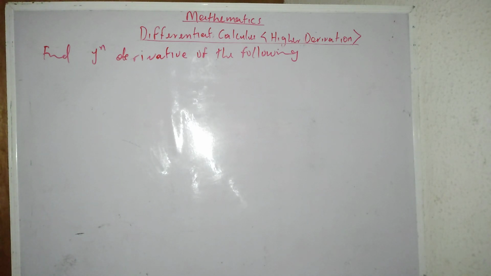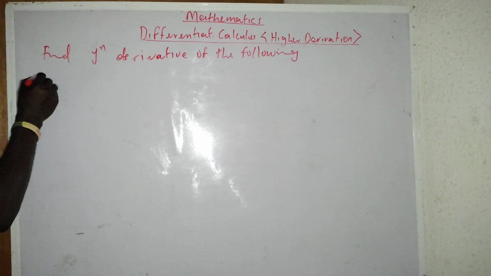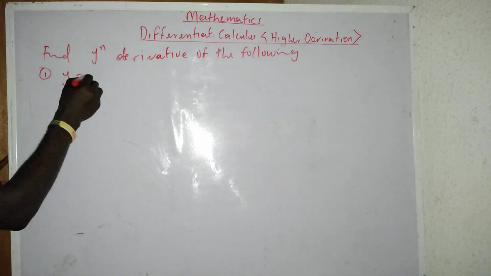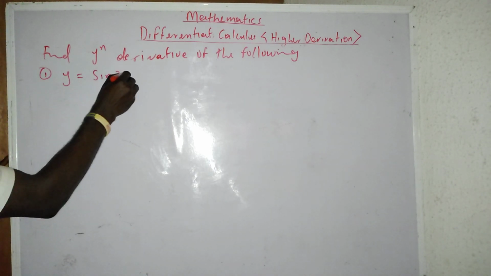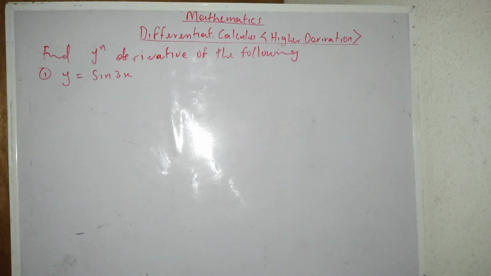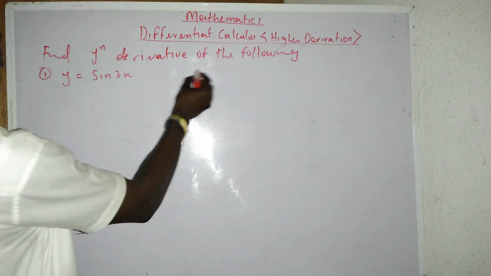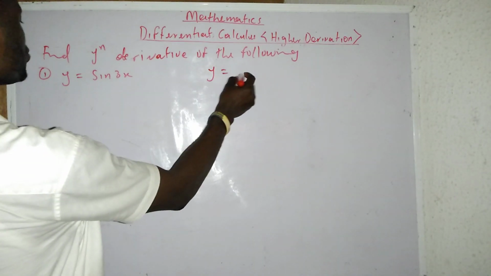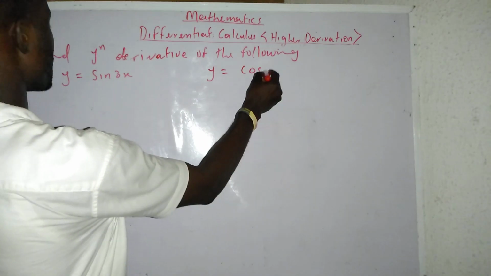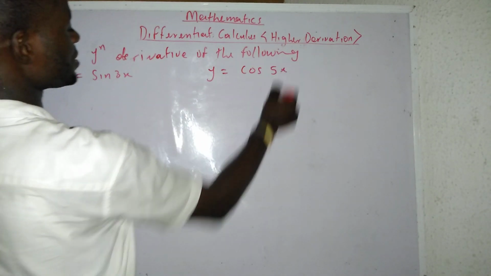Okay, the first one, I have y equals sine 3x. Next, second one, I have y equals cos 5x.